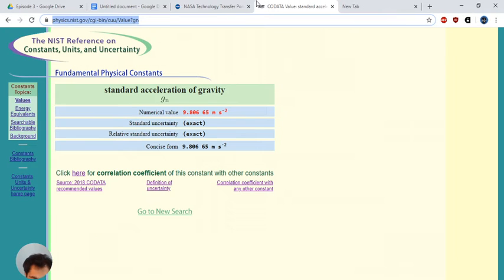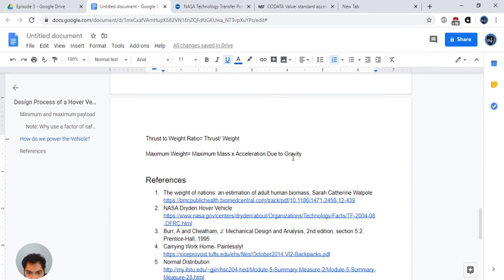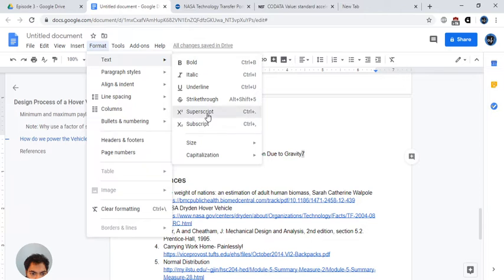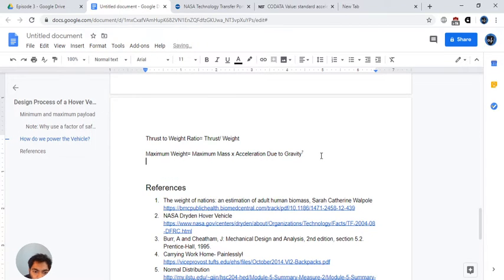Saying they're using 9.80665. I remember it off the top, meter per second squared.